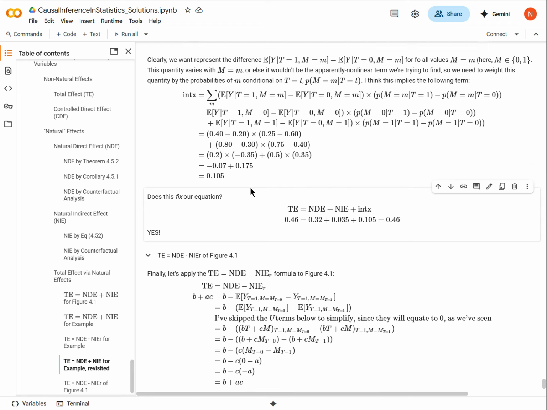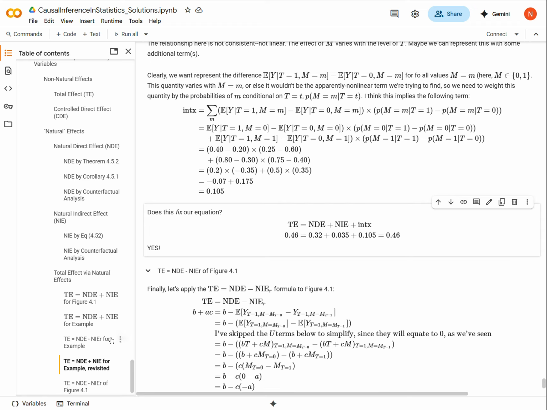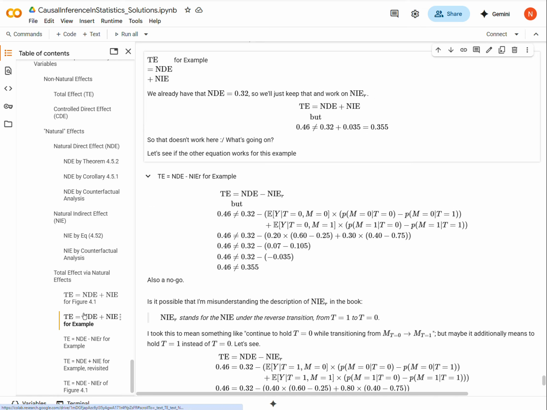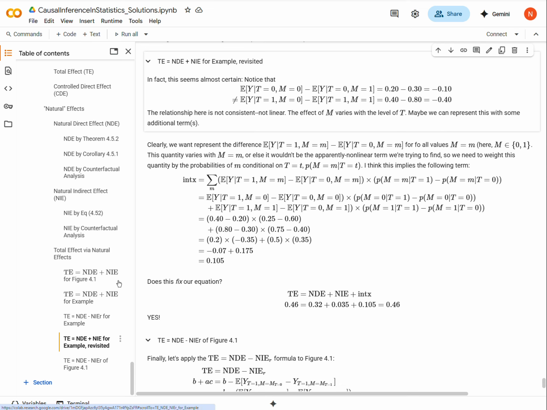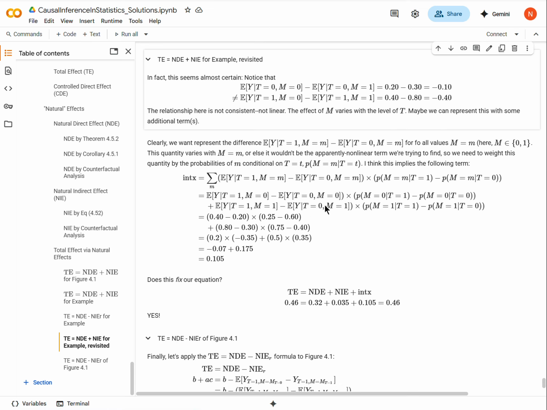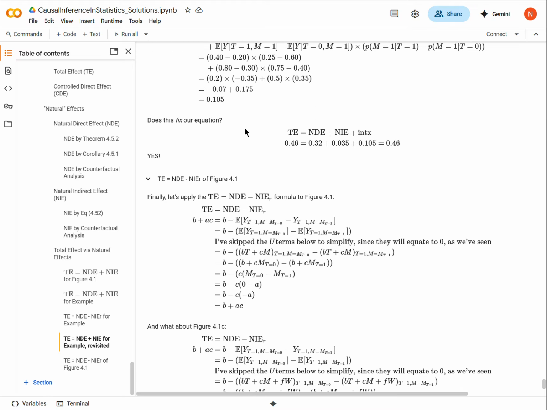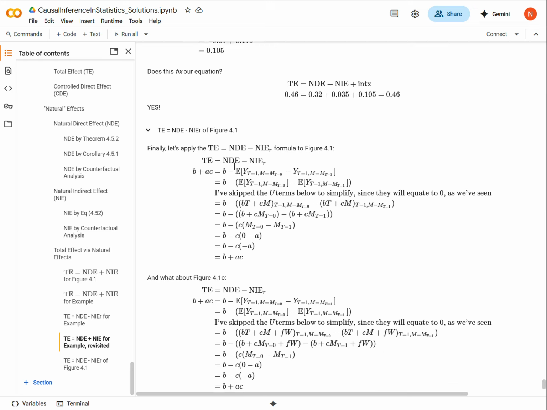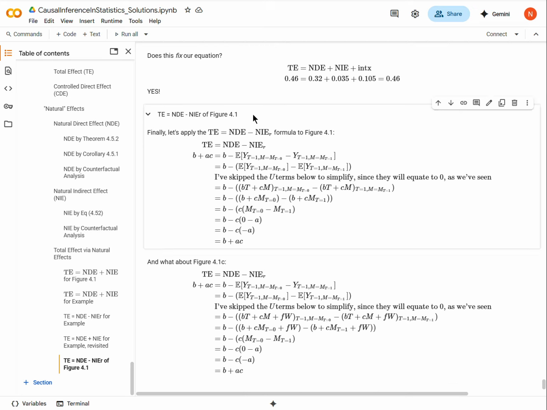So that's good. What we've done from the last two sections was all focused on the numerical example. Now let's shift our focus back to our DAGs, to figure 4.1 and 4.1c.